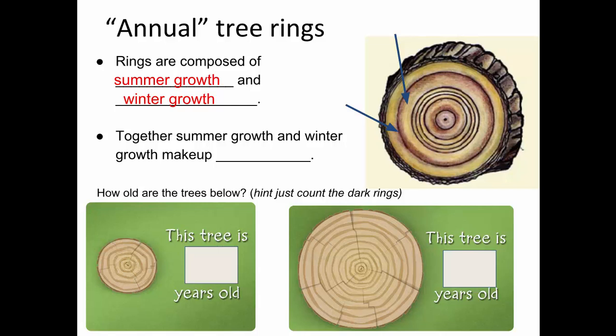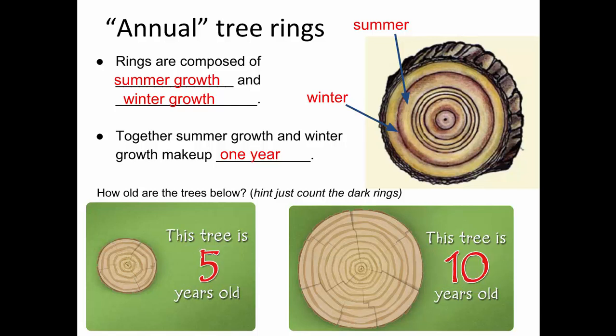Because you have more and less, it forms layers of summer and winter growth that you can actually count. Those rings allow you to count how old the tree is. For example, this tree is 5 years old. It has 5 rings, and this one's 10 years old. You can also tell what conditions were like at that time.